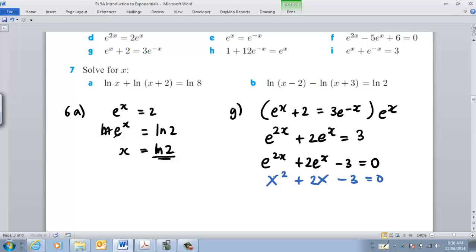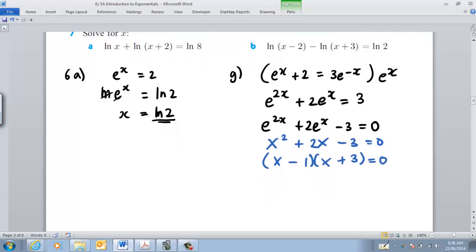Now, if we were doing that, we would factorise that as x, then we'd have 3 and 1, and then the big number has to be the positive, the little number has to be the negative, and that would be equal to 0. So that's the way I want you to think of this when we're doing it.